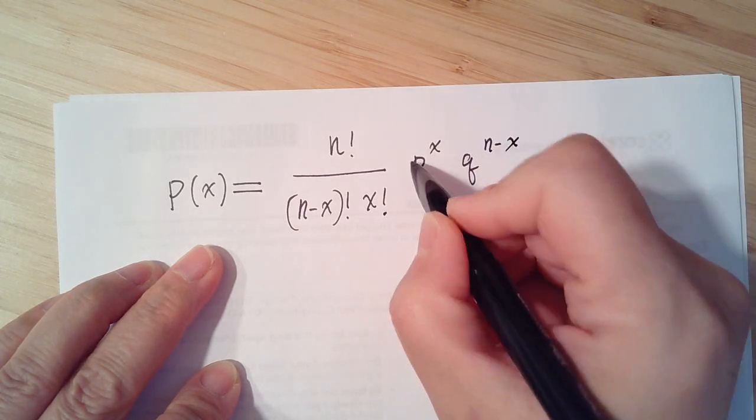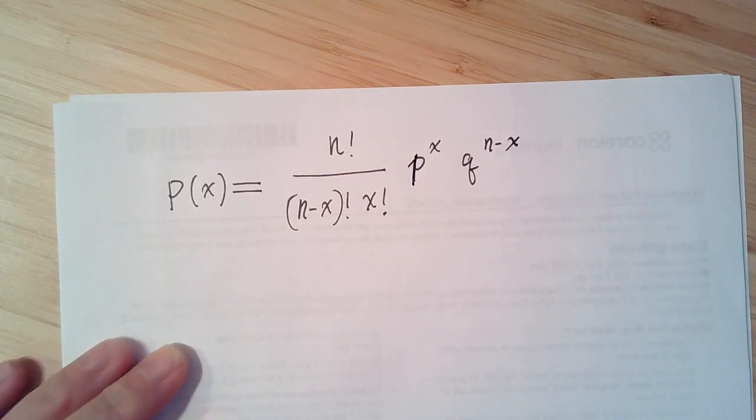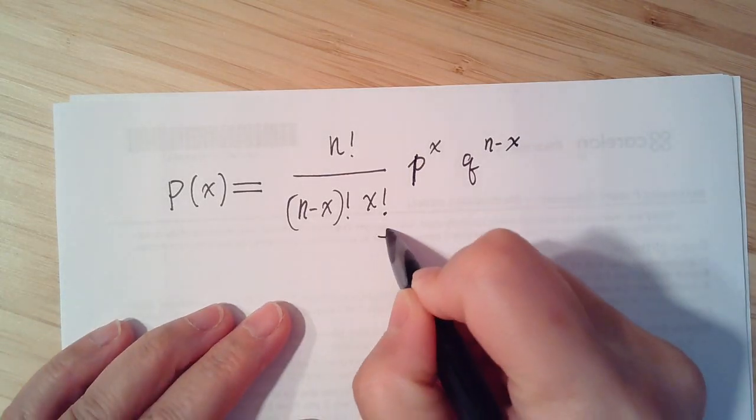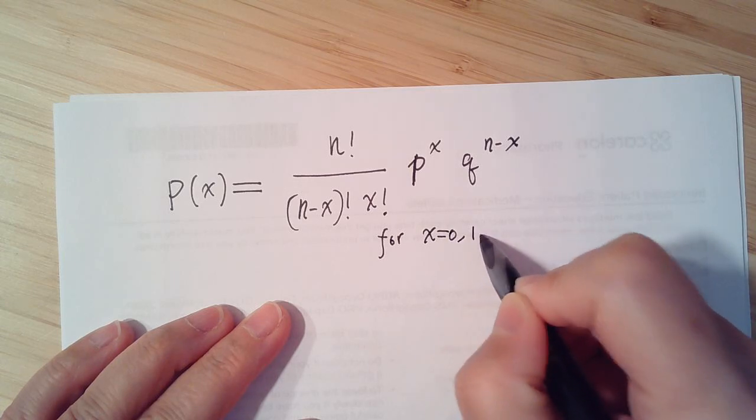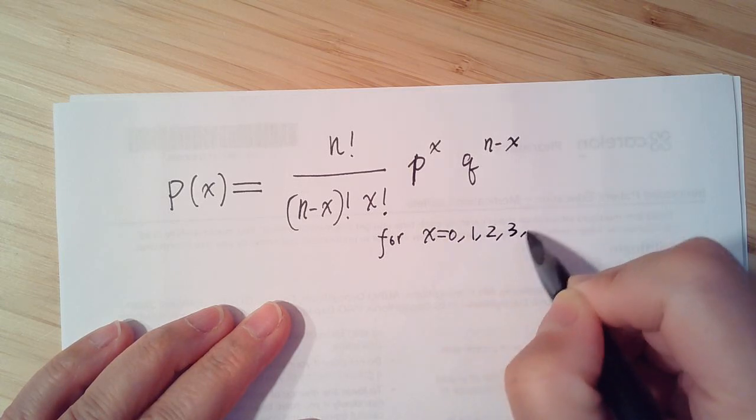This is the letter p here. For x equals 0 and 1 and 2 and 3 and all the way to n.